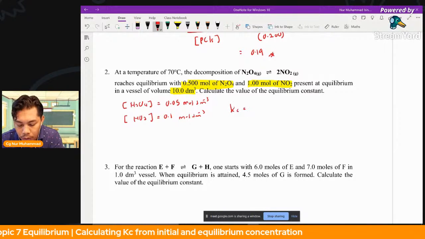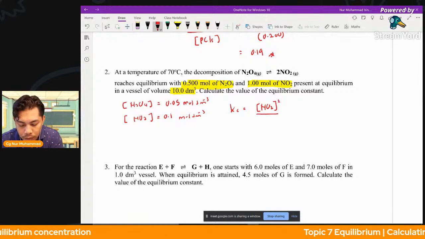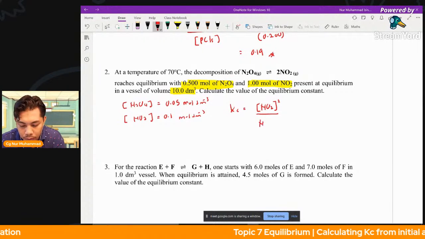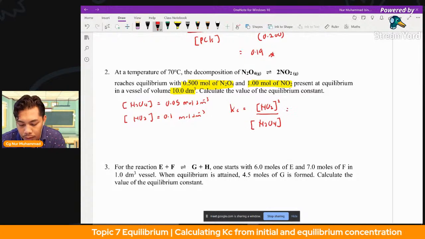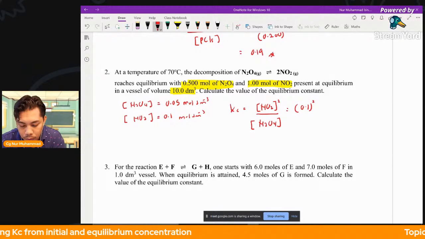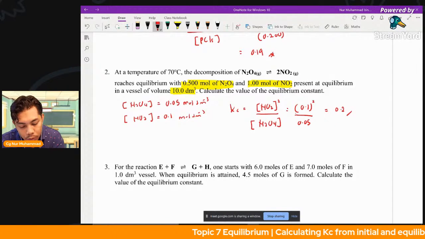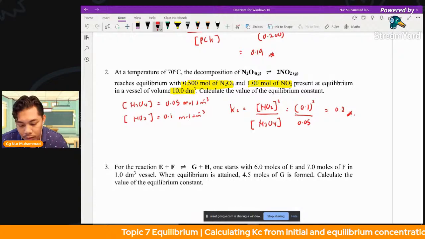Then use the formula of Kc: NO2 to the power of 2 because the coefficient is 2, divided by N2O4. Just insert the information: 0.1 to the power of 2 divided by 0.05, and the final answer is 0.2. Okay, everyone got it?